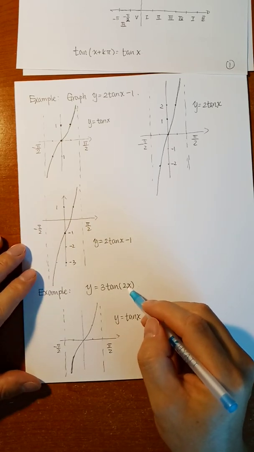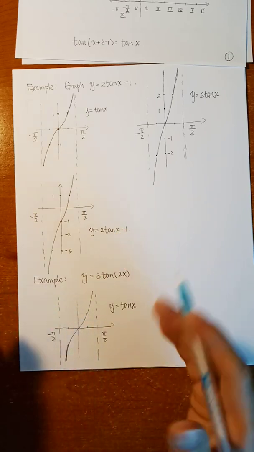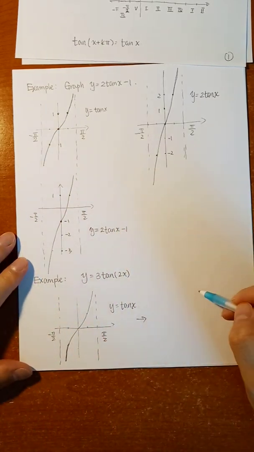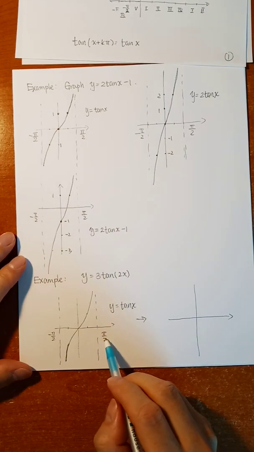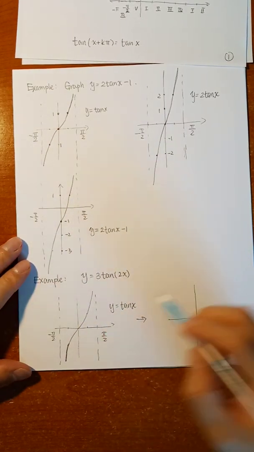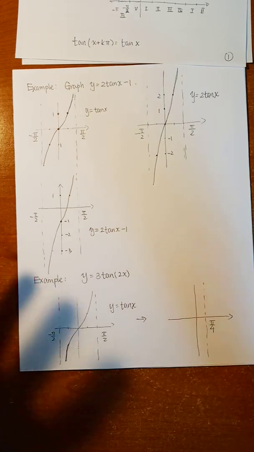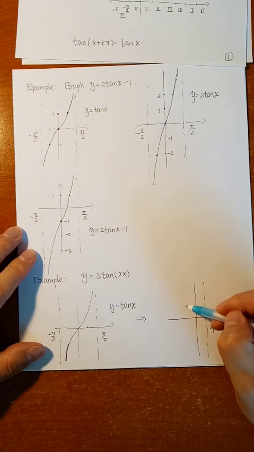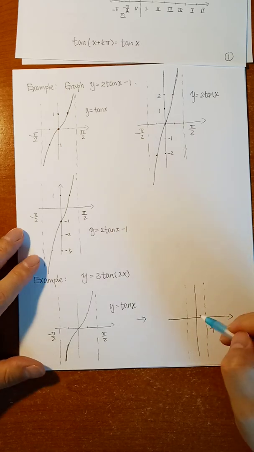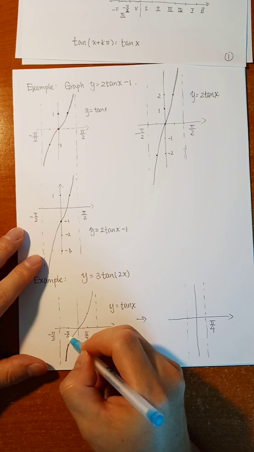And if you multiply x by 2, you are going to do the horizontal compression. So pi over 2 becomes pi over 4. This multiplication by 2 is a compression. Negative pi over 2 becomes negative pi over 4. And then this is pi over 4. You compress it, you will get pi over 8.